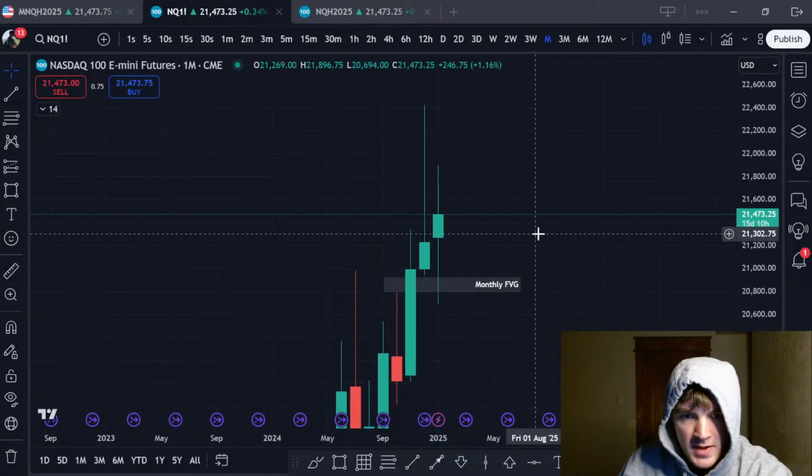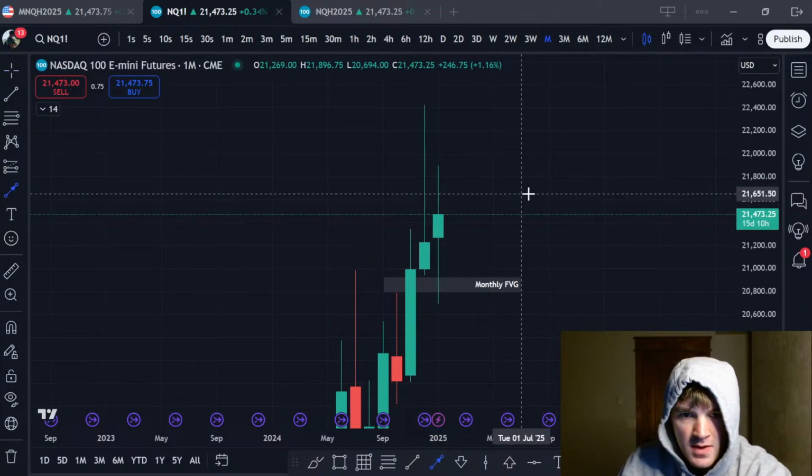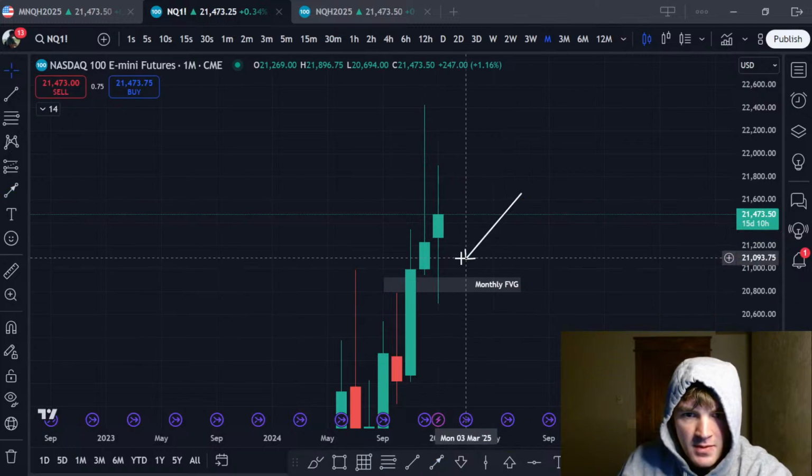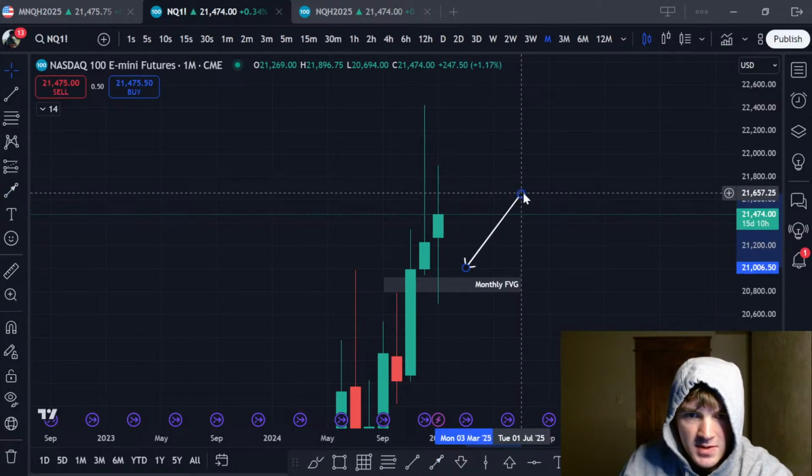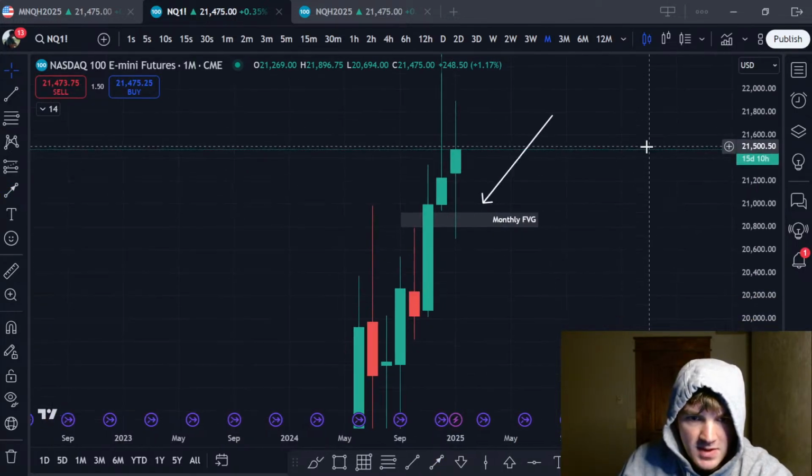The market is, as of right now, respecting it, but it's 15 days until this candle closes. So we'll just have to see.